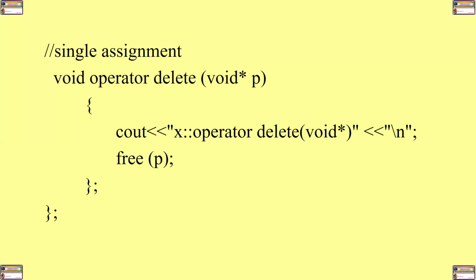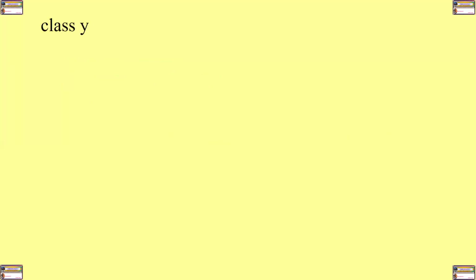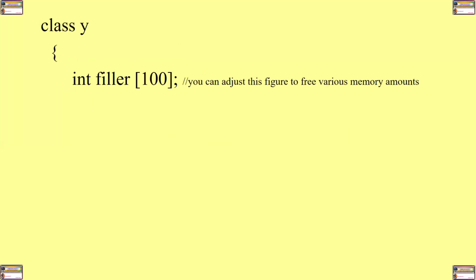So what we need to be asking ourselves for now is, what is this operator delete going to do? We know the operator delete is supposed to set memory location free. So we have the next class called class Y, which has a member called filler.